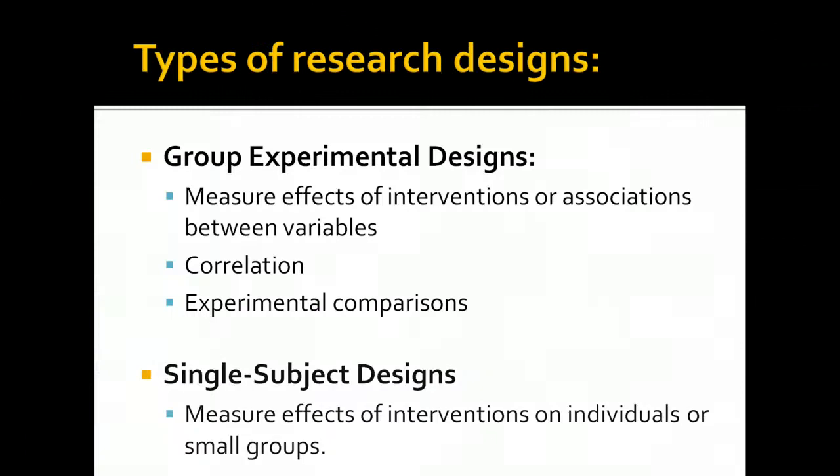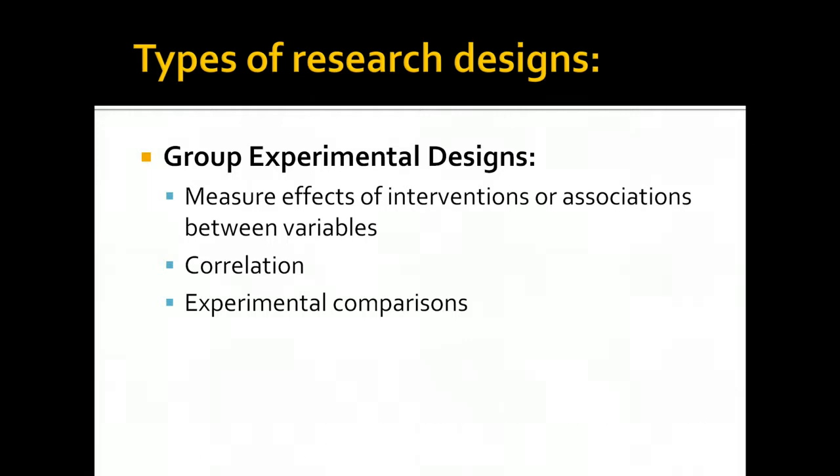So let's talk about the very, very general types of research designs that are out there. Now, first let's talk about group experimental designs. In medicine, for example, medical research is nearly always conducted on what we call double-blind group experimental designs. You've got a group over here, group A, and then you've got group B over here. Group A is given a particular drug, and group B is not given that particular drug.